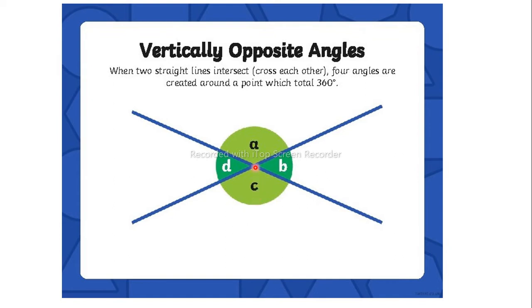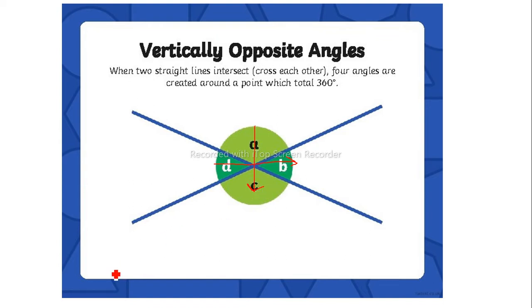B and angle D. Right, so they are vertically opposite. What other angles are vertically opposite in this picture? Angle A and angle C. Okay, so that's what we mean when we say vertically opposite. They are directly in front of each other. So right here, angle D and angle B are vertically opposite, and right here, angle A and angle C are vertically opposite.